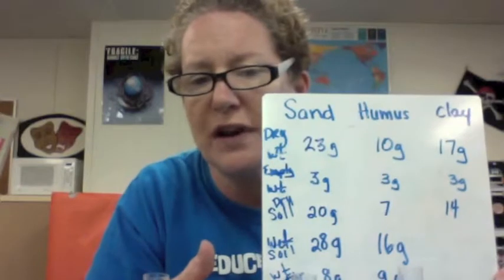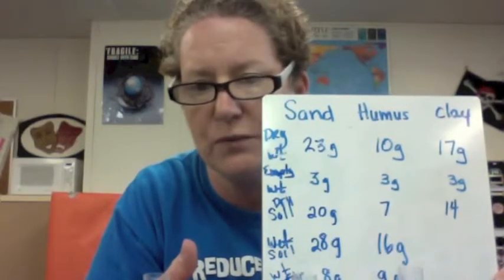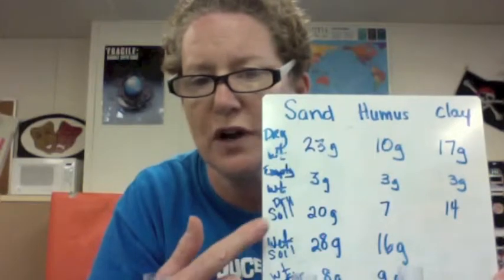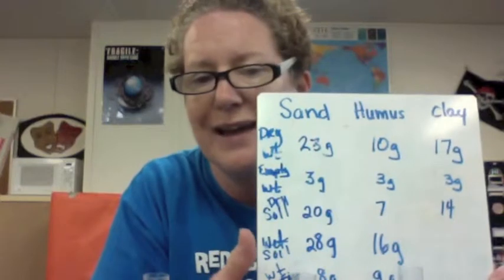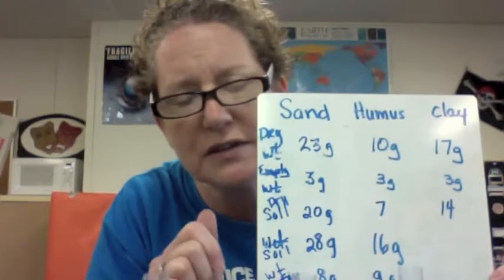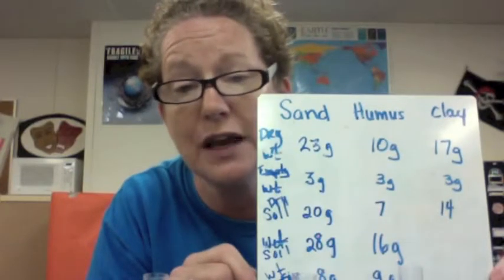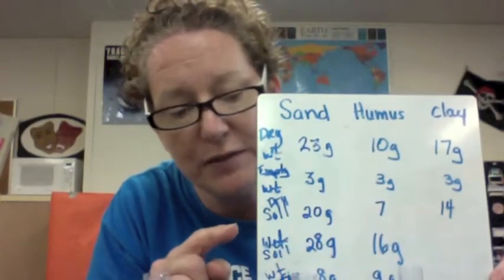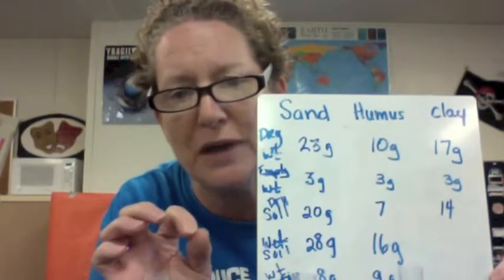When I subtract that out to get the weight of the water, the difference between the dry soil and the wet soil, I get 8 grams for the sand and 9 grams for the humus. Now that's interesting, because they're fairly close together, so that means that they both held on to a reasonably similar amount of water.